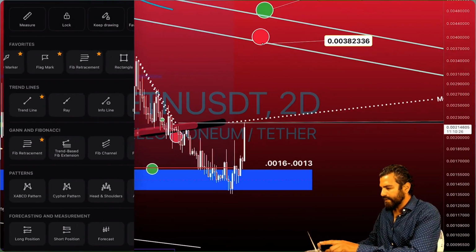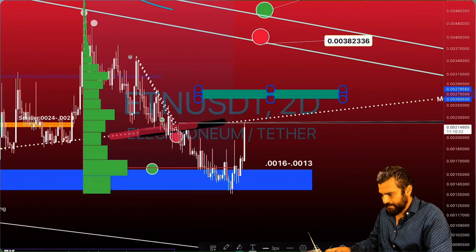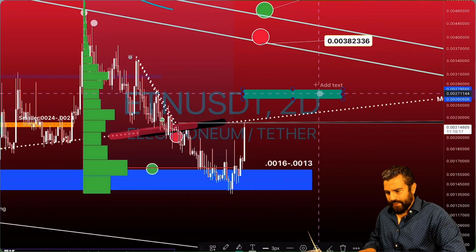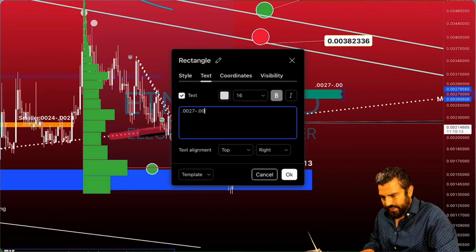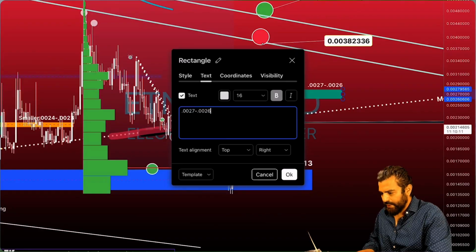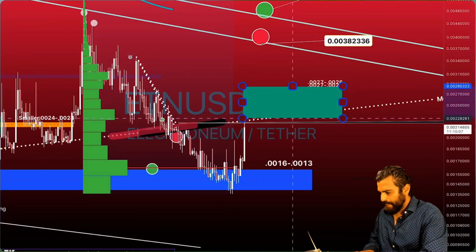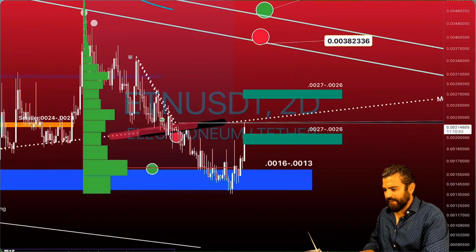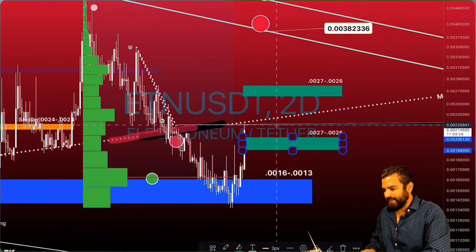All right, so our first target is going to be somewhere right here, and the price is 0.0027 to 0.0026, and then the next target is going to be down here, from here to here. So that's actually not exactly on the line, and that's okay.